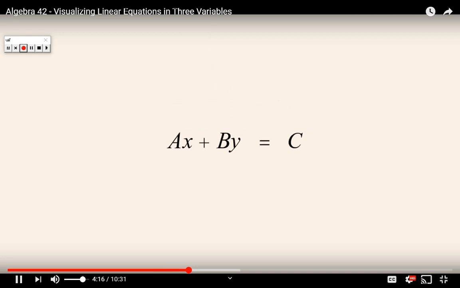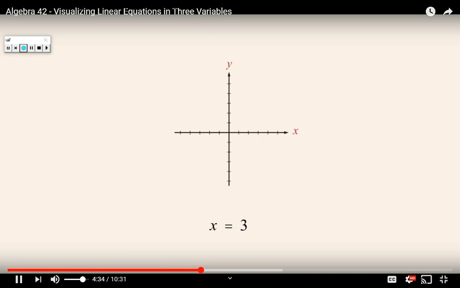Likewise, setting b to 0 and a to 1 eliminates y from the equation. If once again we set c to 3, we get the linear equation x equals 3, a vertical line to the right of the origin.